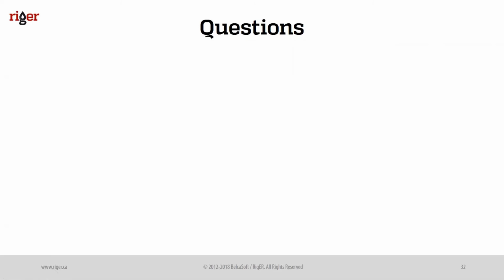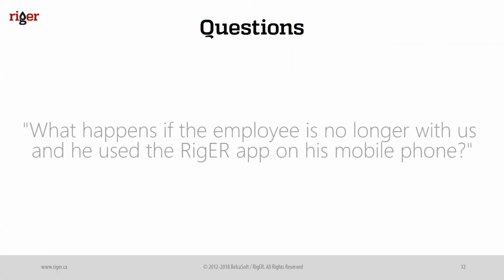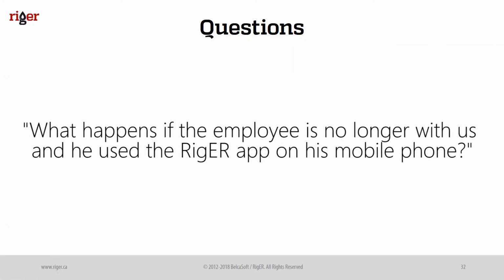Okay, thank you. There's another question from John, and in this case, he's asking, what happens if an employee is no longer with us and he used his own mobile phone? Oh, great question. Yes, we had that kind of situation, and this will work through the administrative role in a cloud application.